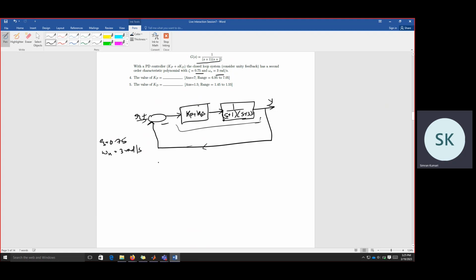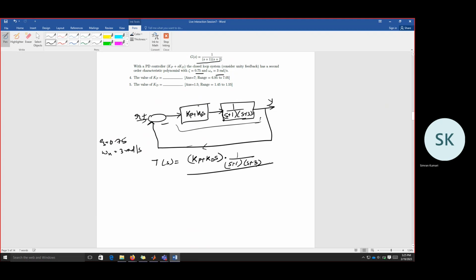So we can derive the closed loop transfer function, and that will be Kp plus KdS multiplied by this, because these are in cascade, divided by 1 plus G into H, where H is 1.